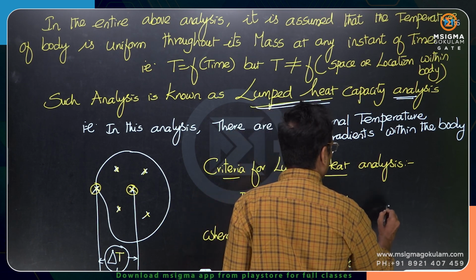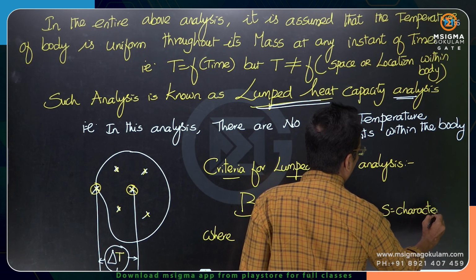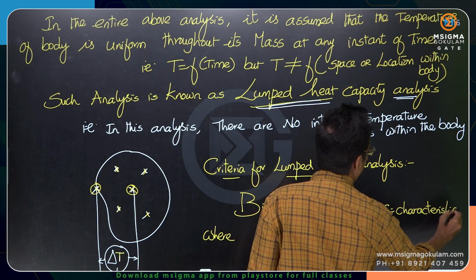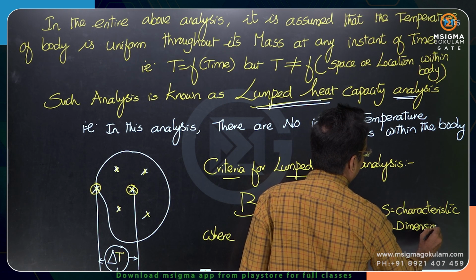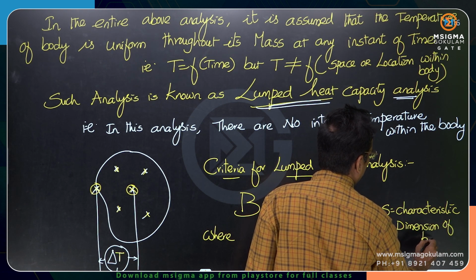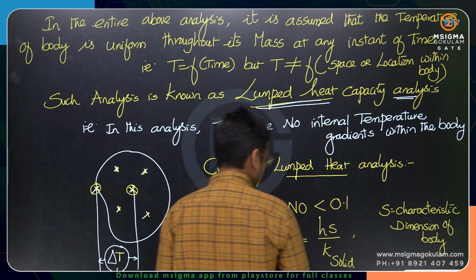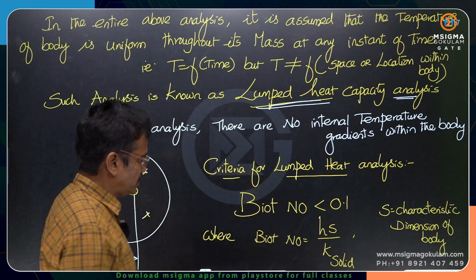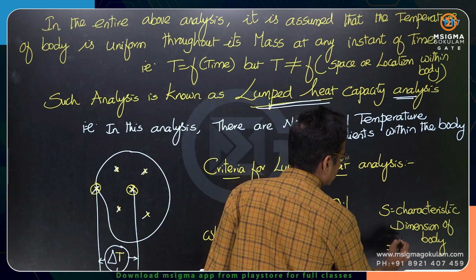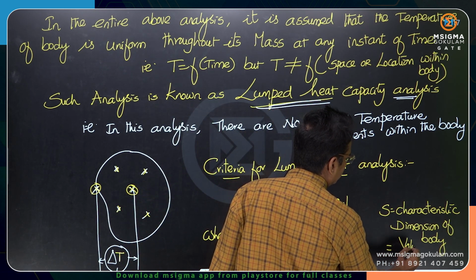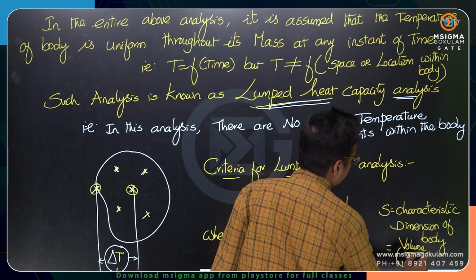S is the characteristic dimension of the body used to calculate the Biot number. Biot number is not a property of the material, it is a dimensionless number. S is given as the volume of the body divided by its surface area.